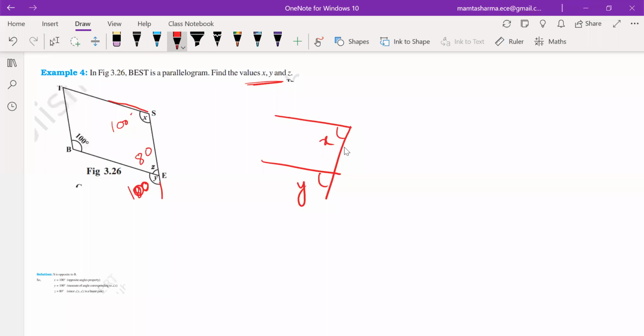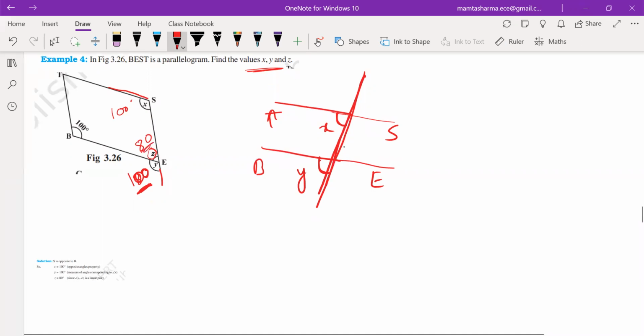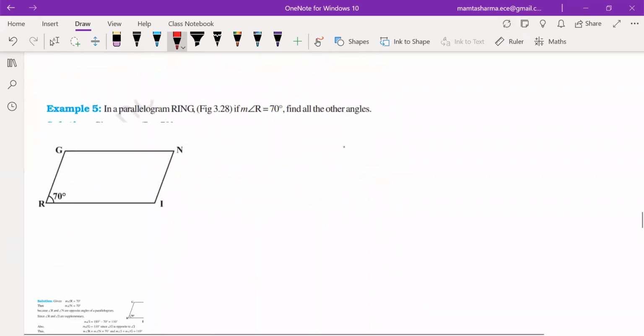We can assume that these two lines are parallel and this is a transversal, on lines TS and BE, and for a transversal the corresponding angles are equal. So x will be equal to y, so y would be 100. Now what will be z? The total angle on a line is 180, so z would be 180 minus 100, that is 80 degrees. Now do this question.